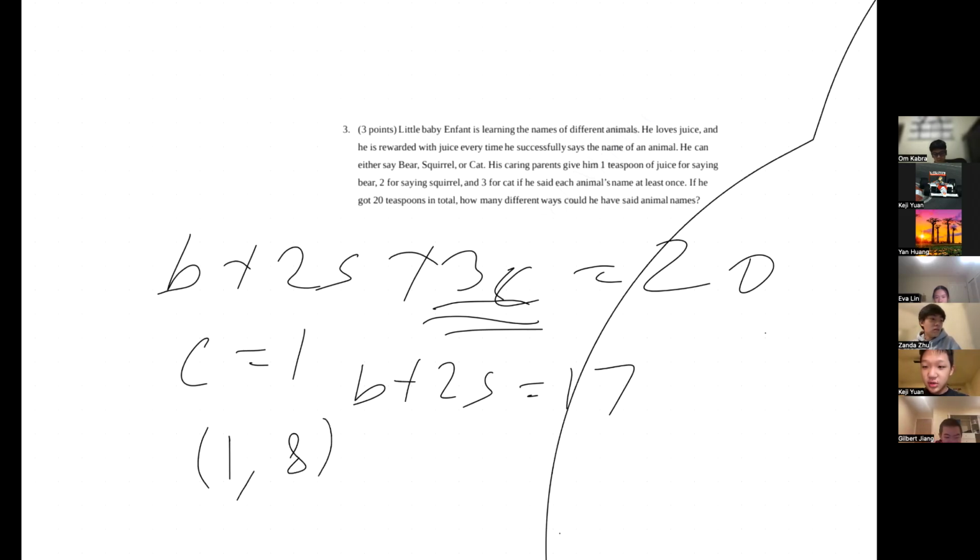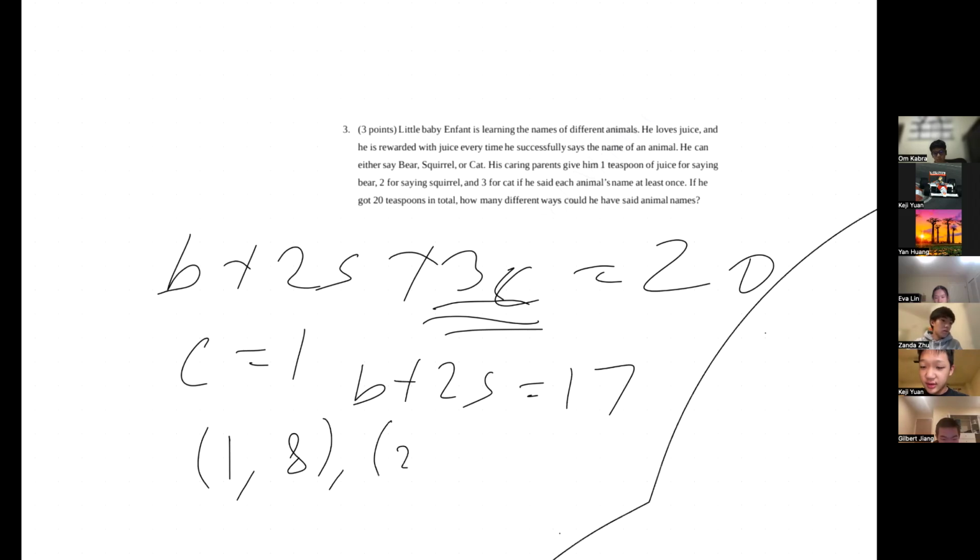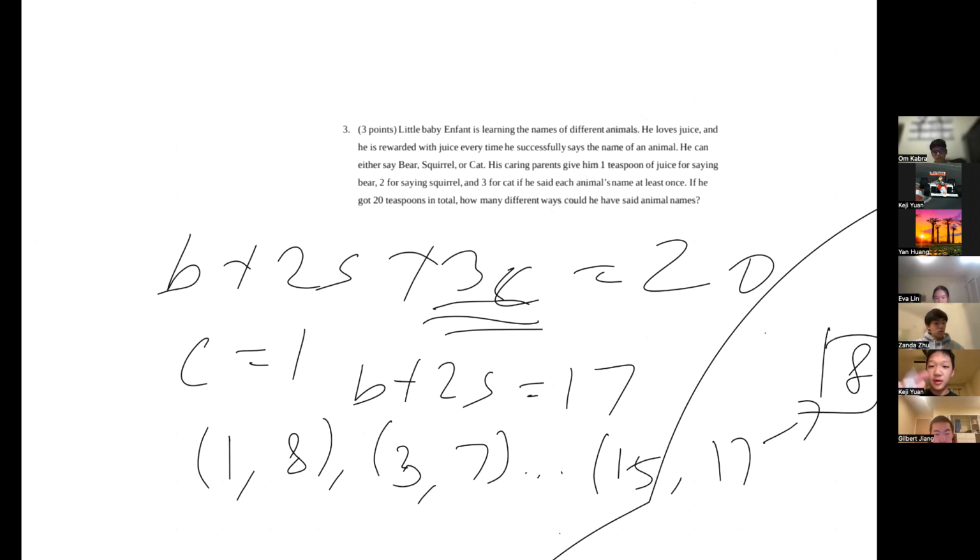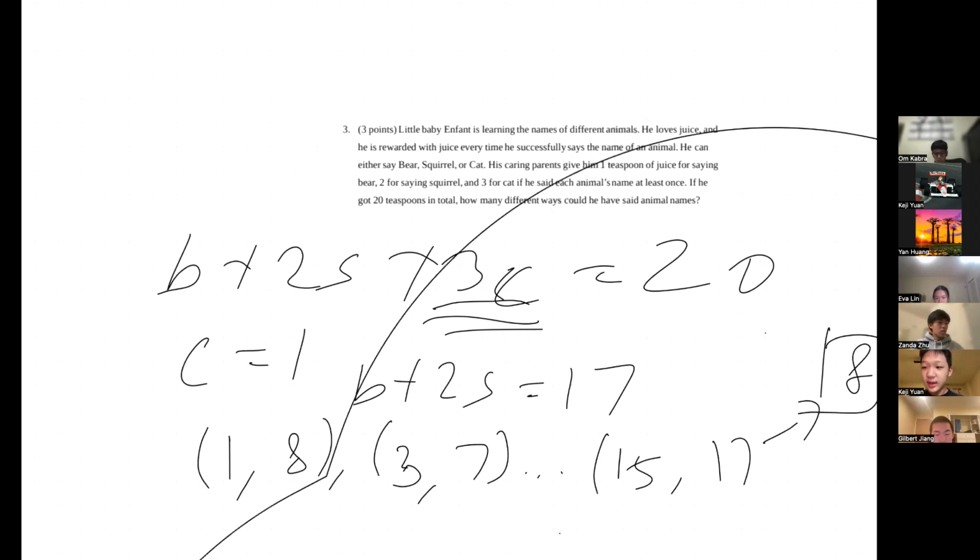We have the values of 1, 8 for b and s, and then 3, 7, and all the way to 15, 1. That would give us 8 solutions because s would go from 8 to 1. And that is that for our first case.